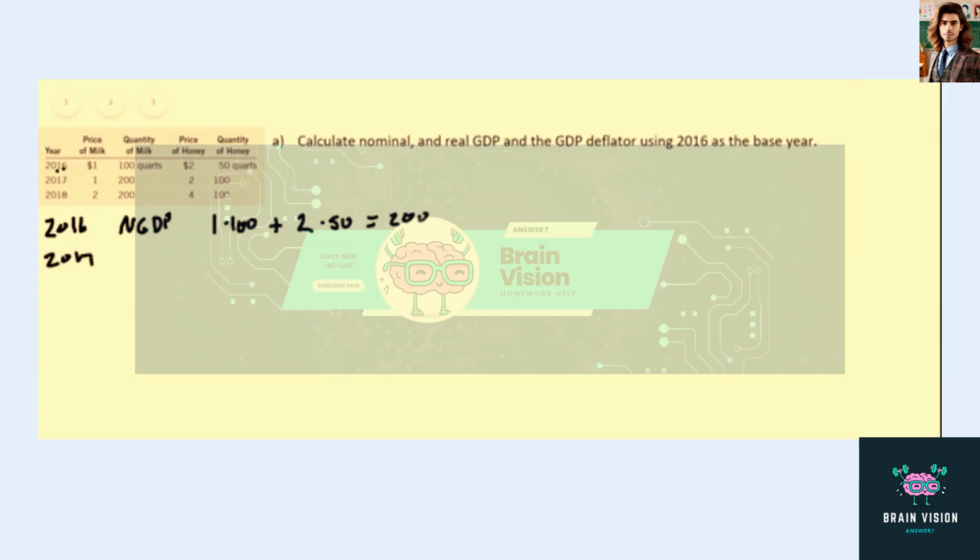For 2017, we have $1 times now 200 quarts plus $2 times 100 quarts of honey, which equals 400. And for 2018, we have now an increase in the price, $2 times 200 quarts of milk plus $4 times 100 quarts of honey, which equals 800.